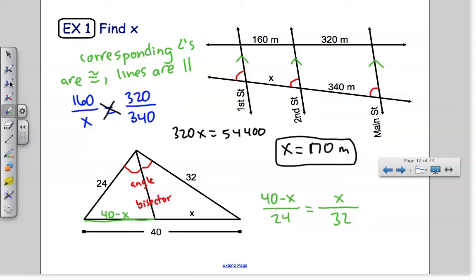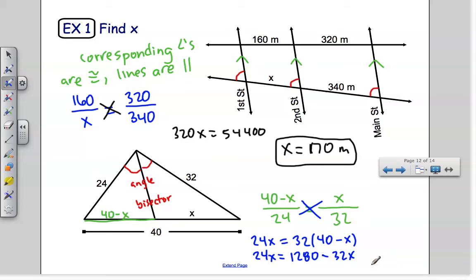Let's solve this one. I got to cross multiply. I'm going to have to do some algebra here. This way I just get 24x. Here I have to do 32 times, and this will equal 32 times the quantity, so in parentheses, 40 minus x. And I get 24x equals 32 times 40, just to check that, 1,280, minus 32x.